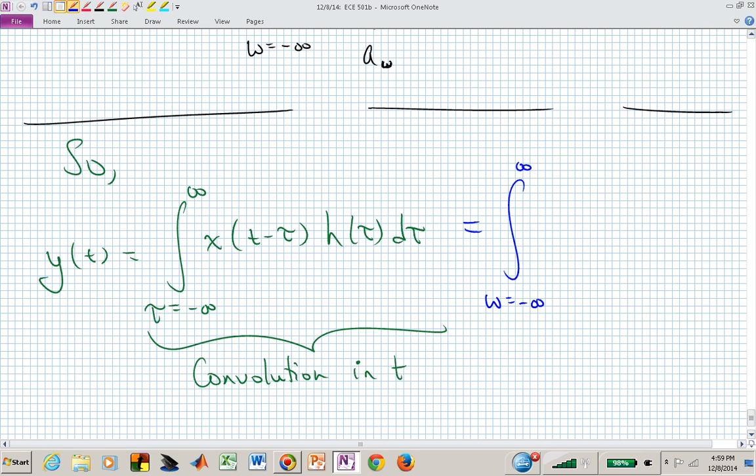But a way to generate that capital Y of omega is to take X of omega, basically the representation of x in the frequency domain, and the representation of the system in the frequency domain, the H of omega, and combine those to get Y of omega. Meaning, we now could think of this as X of omega. That's just how x of t is decomposed in the frequency space.